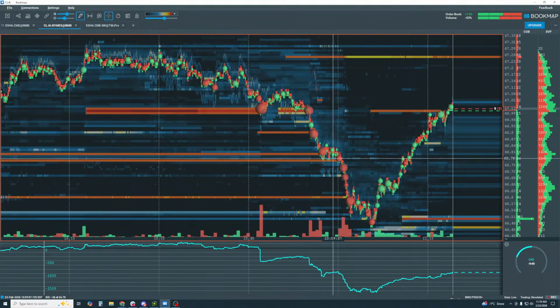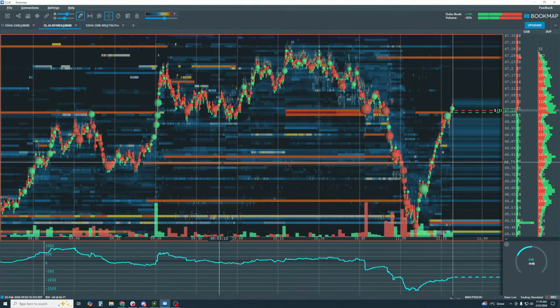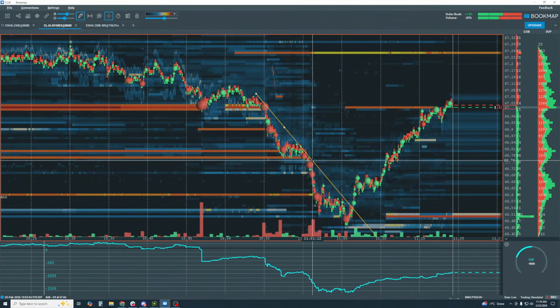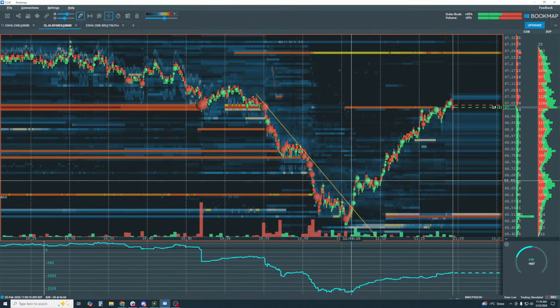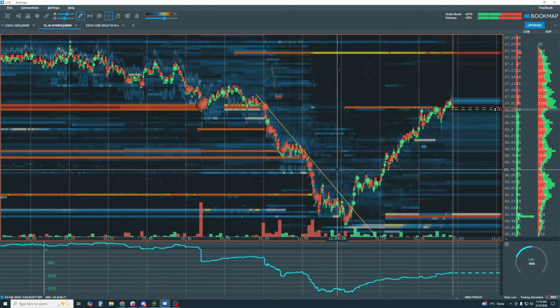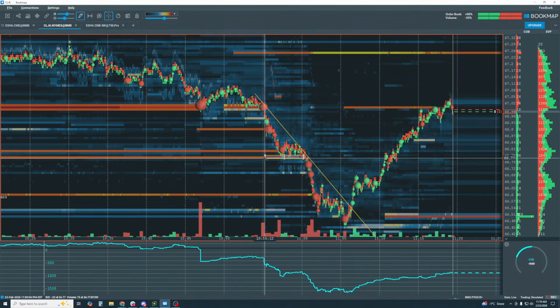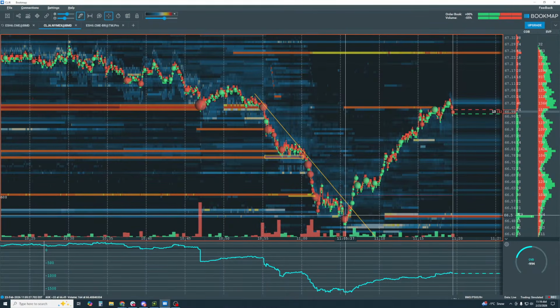Because this is a pullback, or this is a big move to the downside here, right? However, we are bullish crude oil. So do we see a lot of aggressive, or I'm sorry, passive accumulation on the way down?